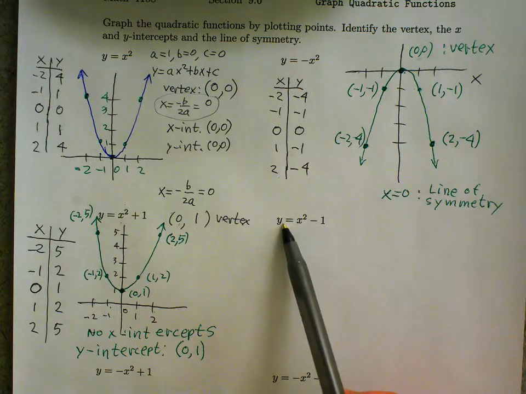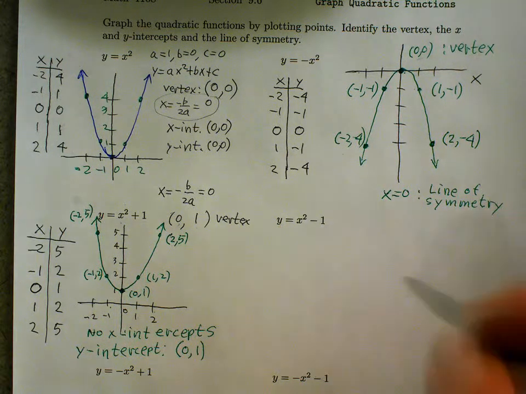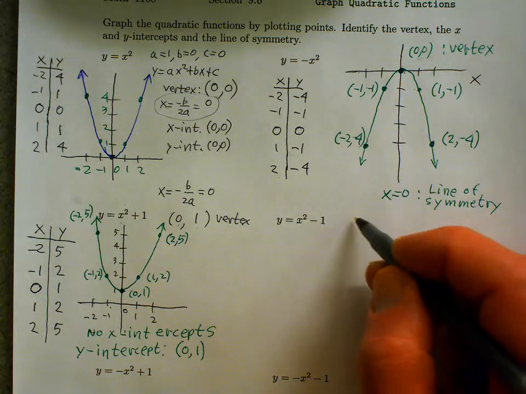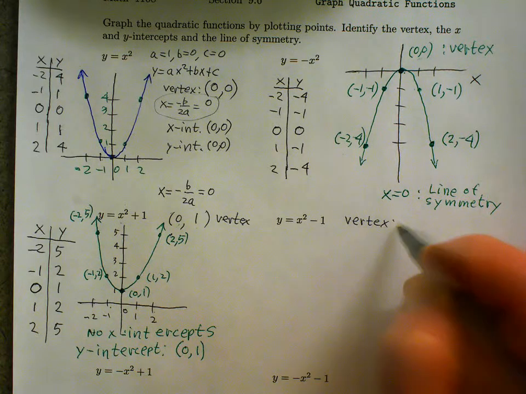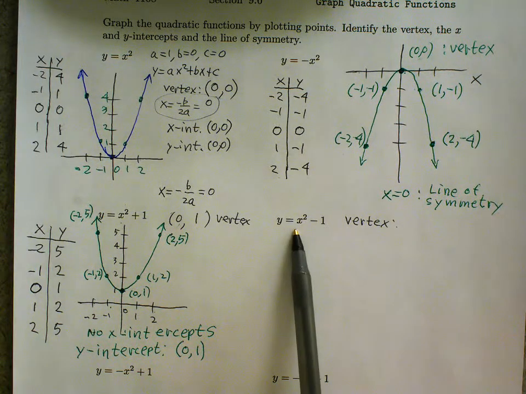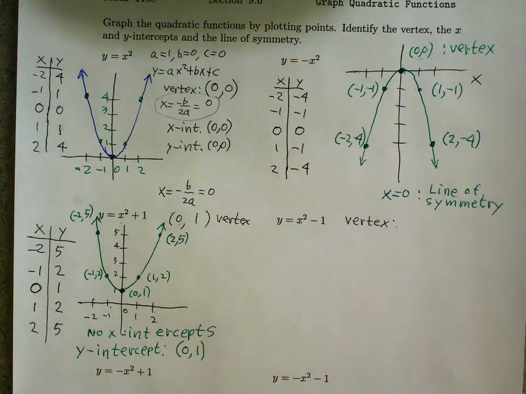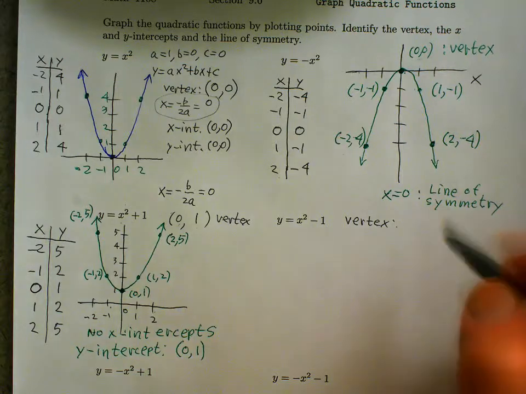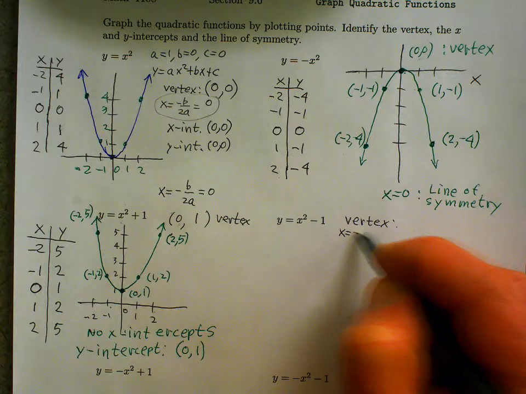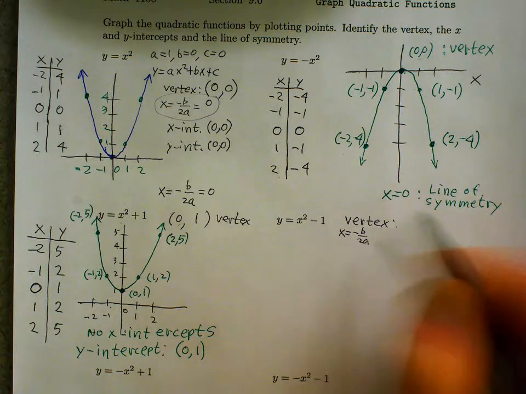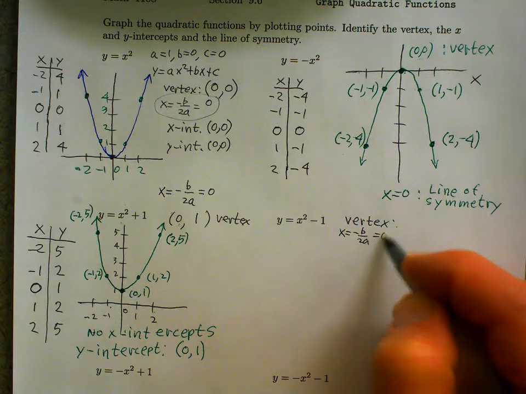Okay, the vertex on this one. So what's the ordered pair for the vertex on this one? 0, -1. Yeah, 0, -1. So the x-coordinate of the vertex, negative b over 2a. Since b is 0, the x-coordinate is 0.